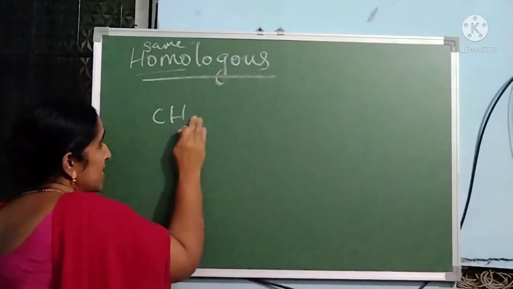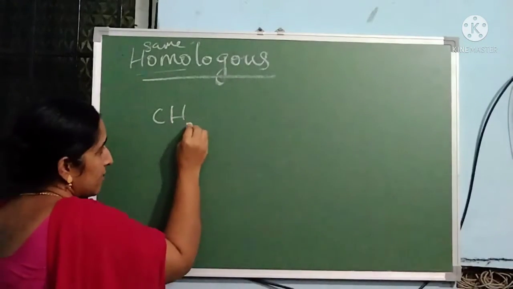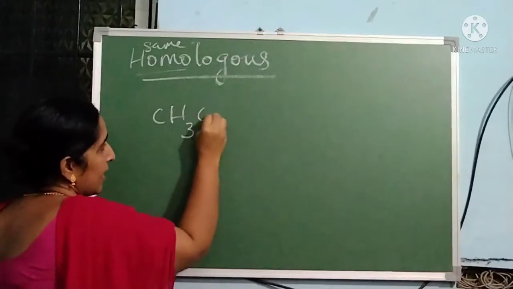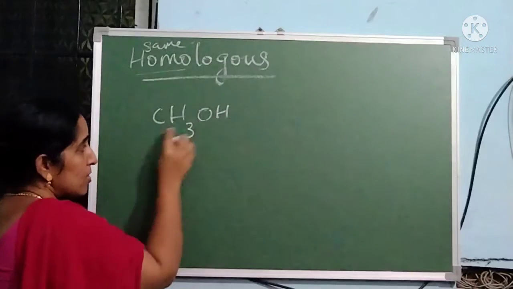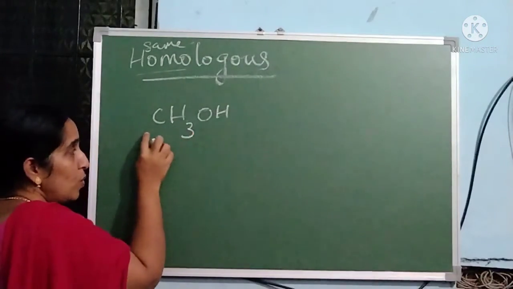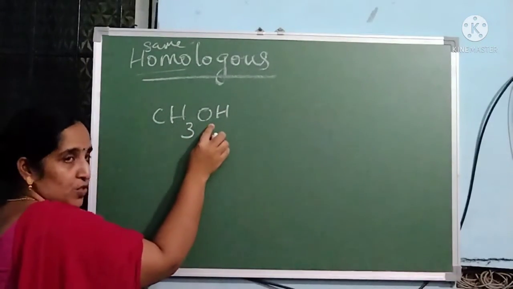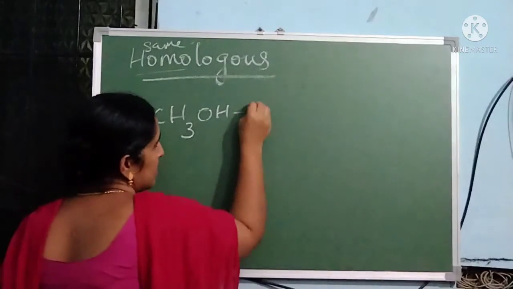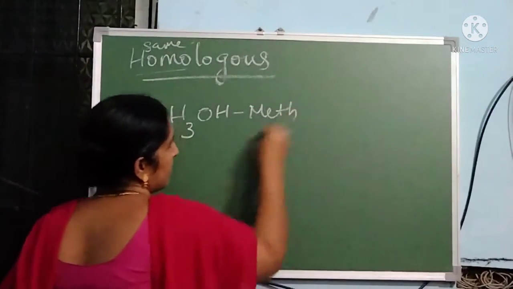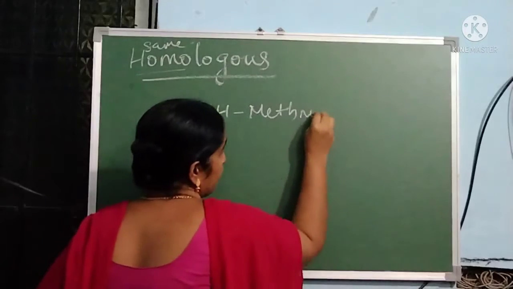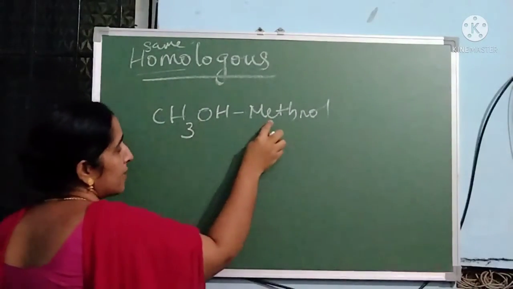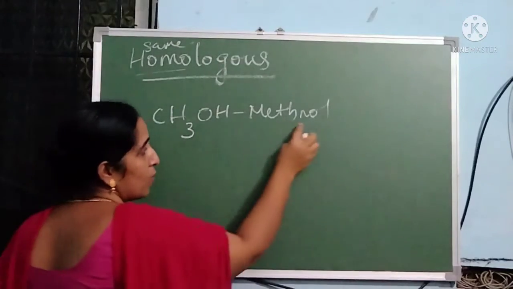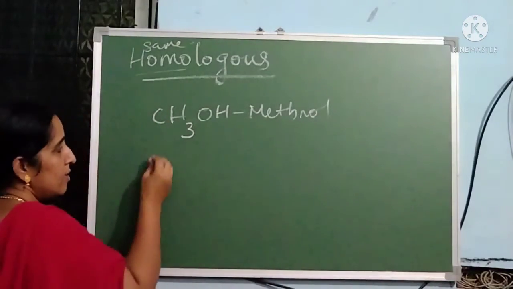Here I replace a hydrogen by a functional group called OH. So CH4 changes to CH3OH. This name is methanol, because the number of carbon atoms is 1, so the root word is meth plus alcohol. Meth plus alcohol gives methanol.